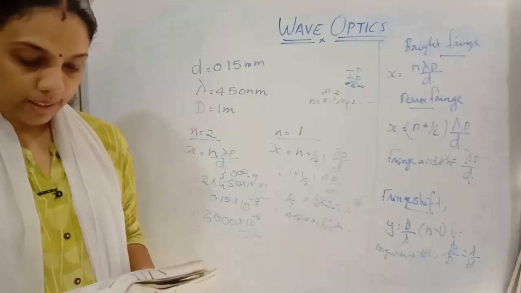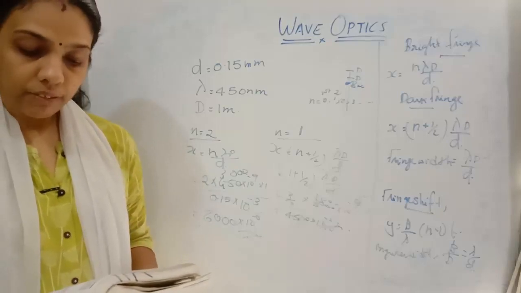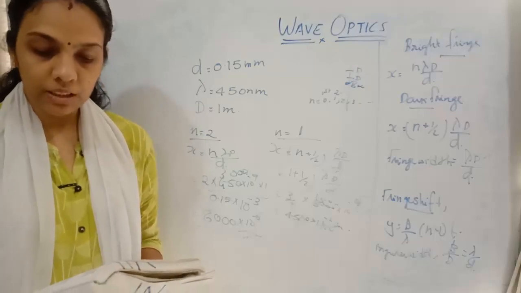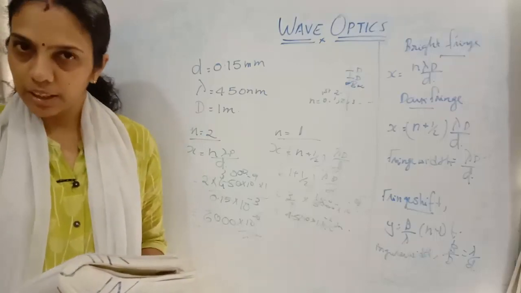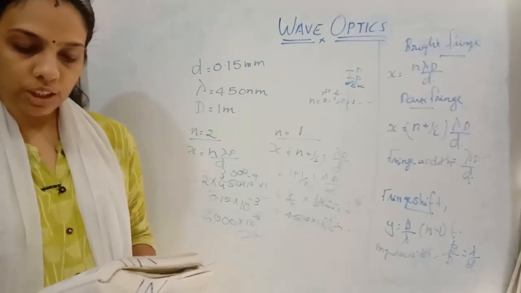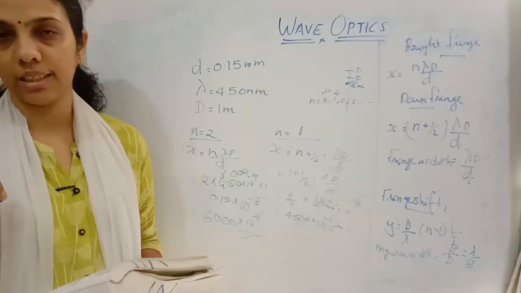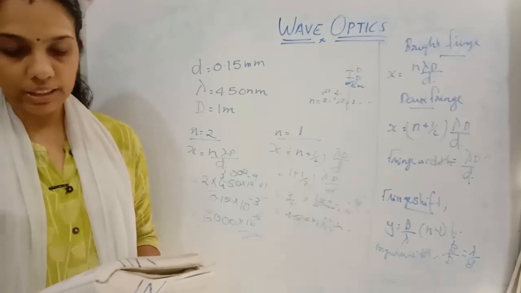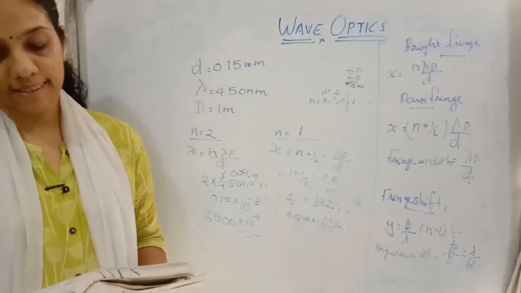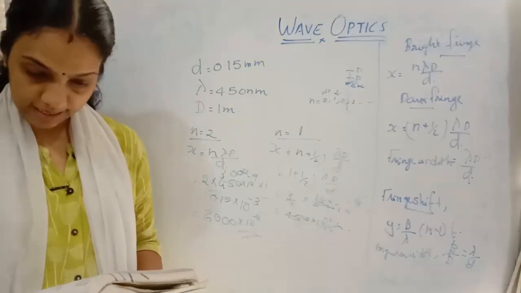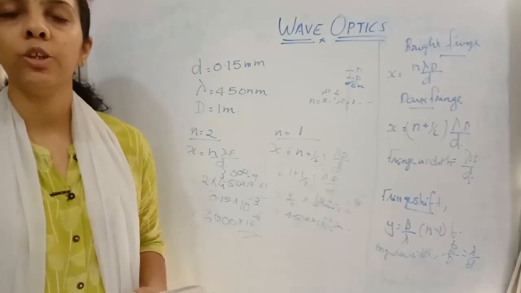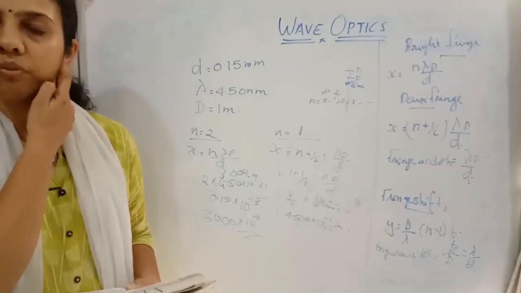So the screen is moving towards the slit, and the fringe width is changing by 3 into 10 to the power minus 5 meter. The slit separation remains the same, 10 to the power minus 3. We need to find out the wavelength of light used.